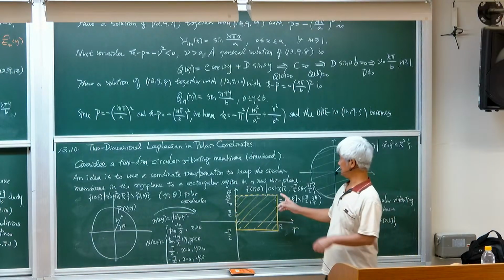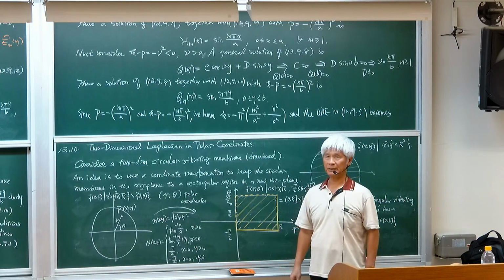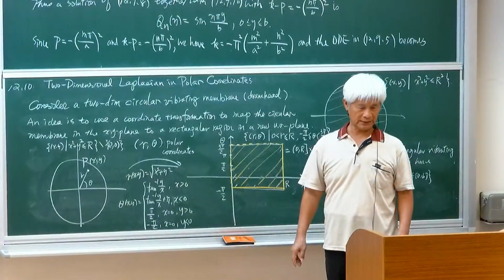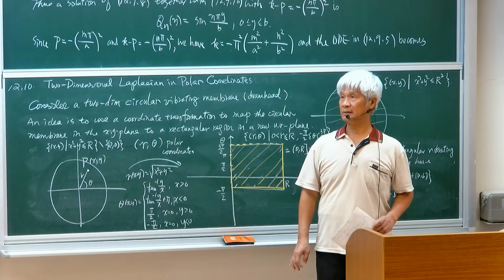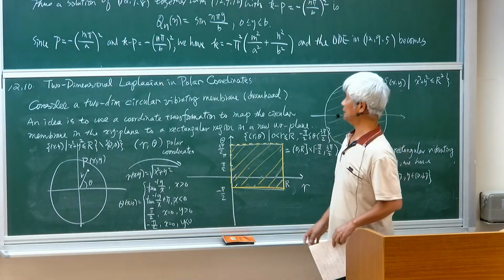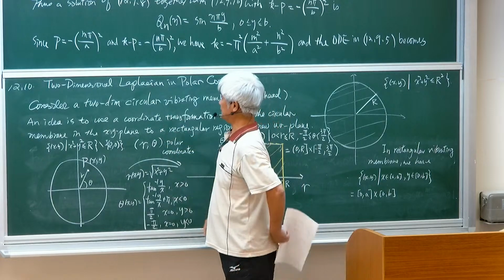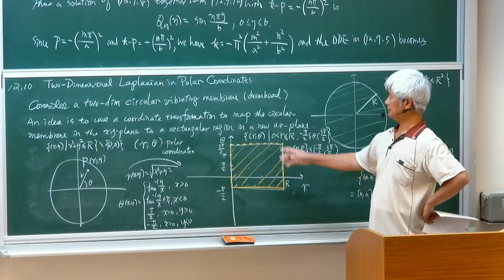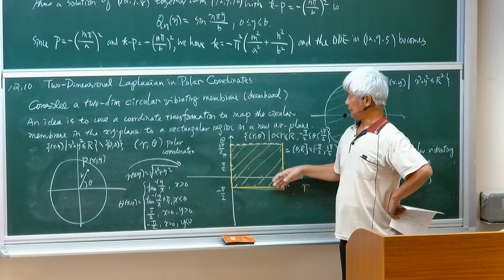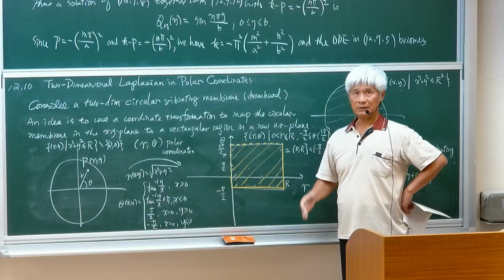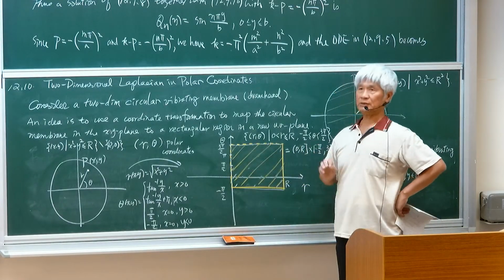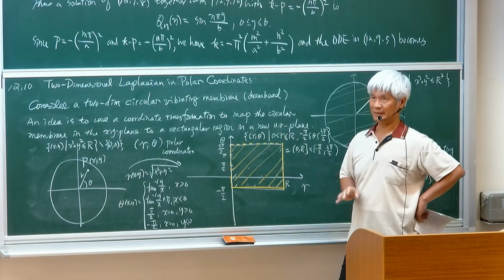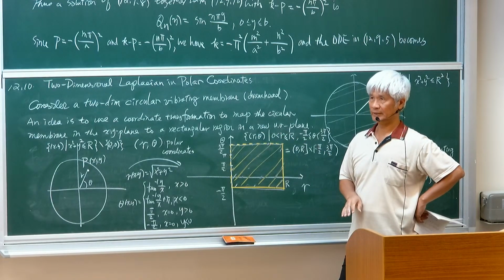Okay, and now in the rectangular membrane, you can apply the method of separating variables again, as we will see. So this is the idea. The reason why we use the polar coordinate transformation is that now the wave equation is defined in a rectangular region in the new r-theta plane.